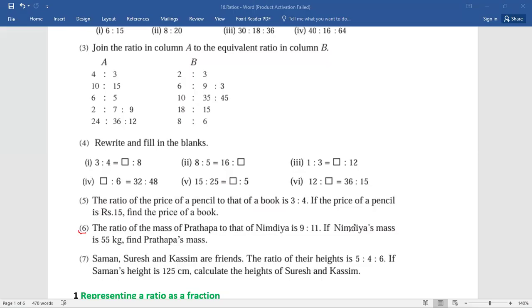So we have to find one part. Mass of one part of India. 11 parts, 55 kilograms. So how to find the one part? 55 kilograms divided by 11. 11 times 5, 5 kilograms.